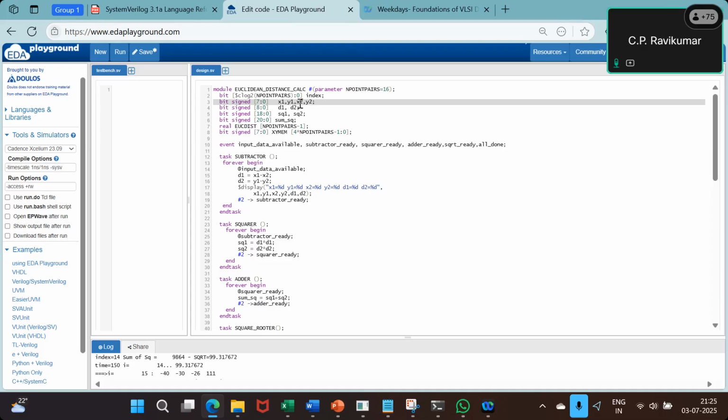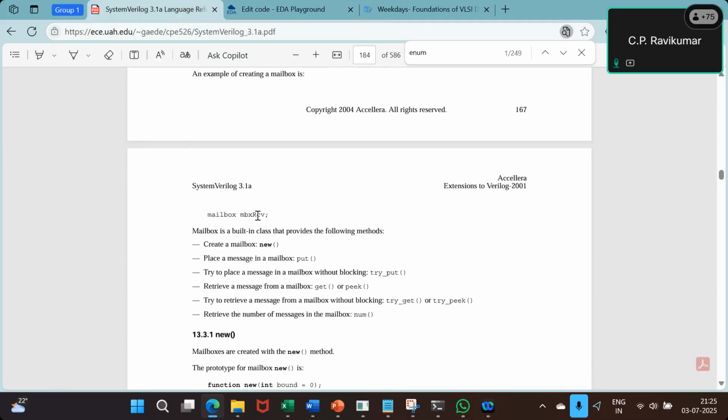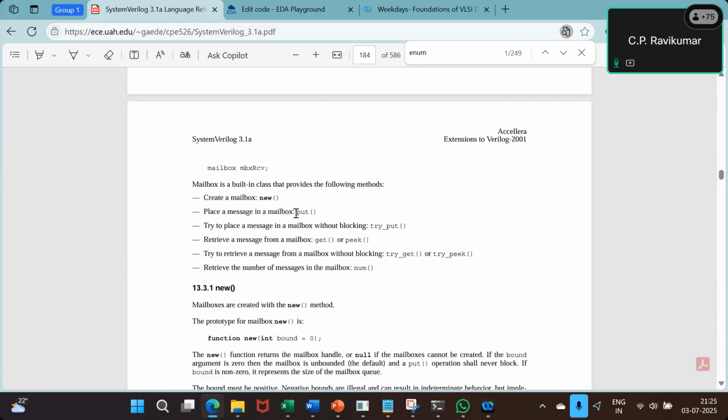So there is a way to also do it through a mailbox. So X1, Y1, X2, Y2 can be treated as a mailbox where data is posted by this IO process and read by the subtractor process. Okay, so you could create something called a mailbox, and inside that mailbox, you can do things like put, okay, and get.